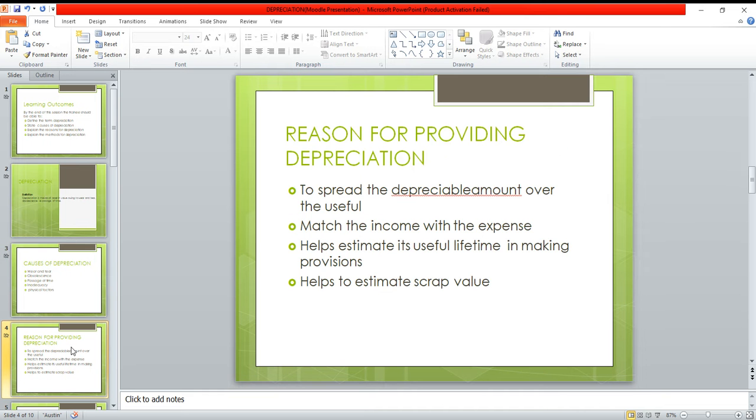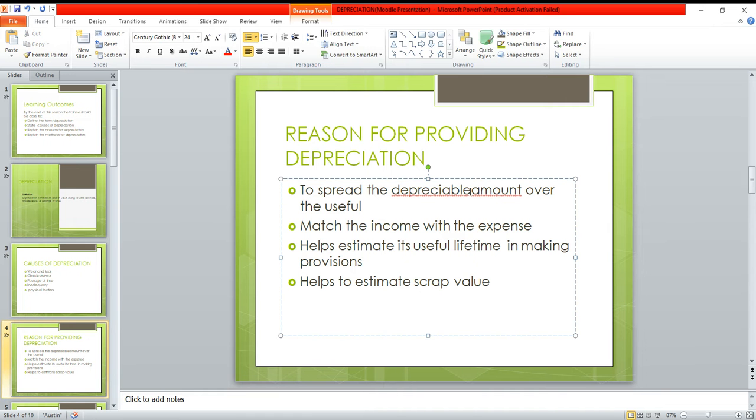Now we go to the third objective. We see the reasons why we provide for depreciation. As you can see on the screen, number one of the reasons why we provide for depreciation is to spread the depreciable amount over the useful lifetime of that asset.